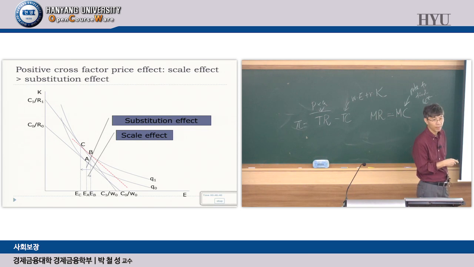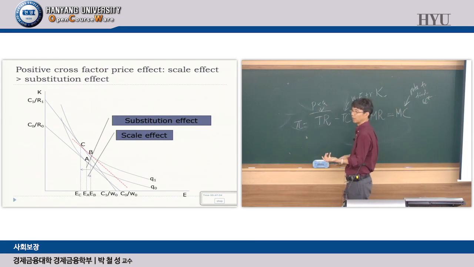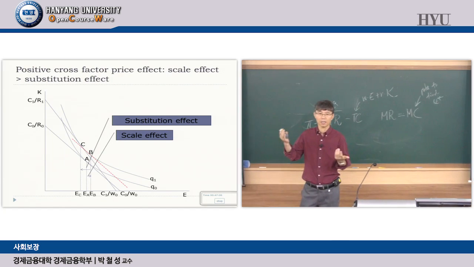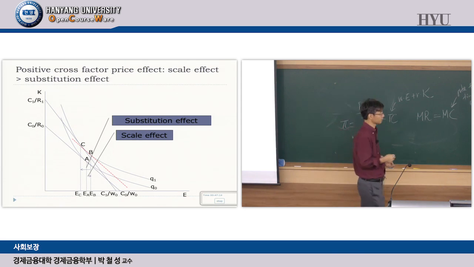In this case, the substitution effect dominates the scale effect, so more capital will be used and less labor will be used. Obviously, you can have the opposite case. In some cases, the scale effect dominates the substitution effect. If that's the case, then even if labor becomes relatively expensive, the firm will use more labor.